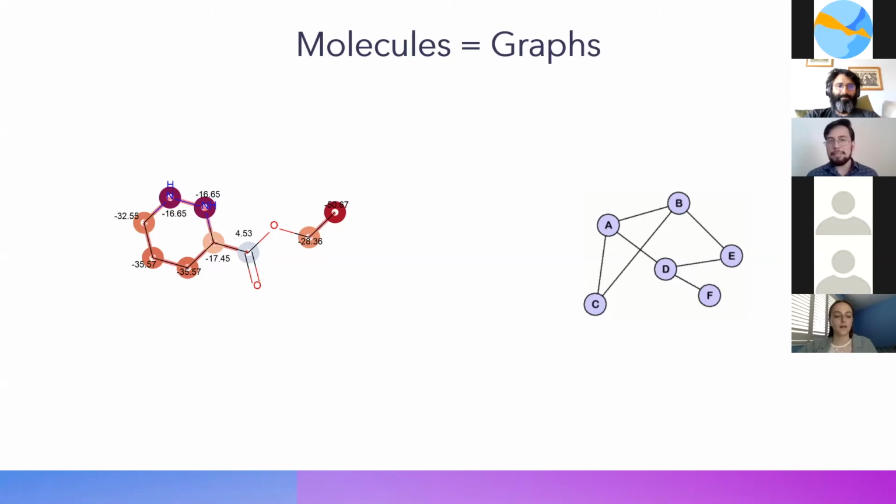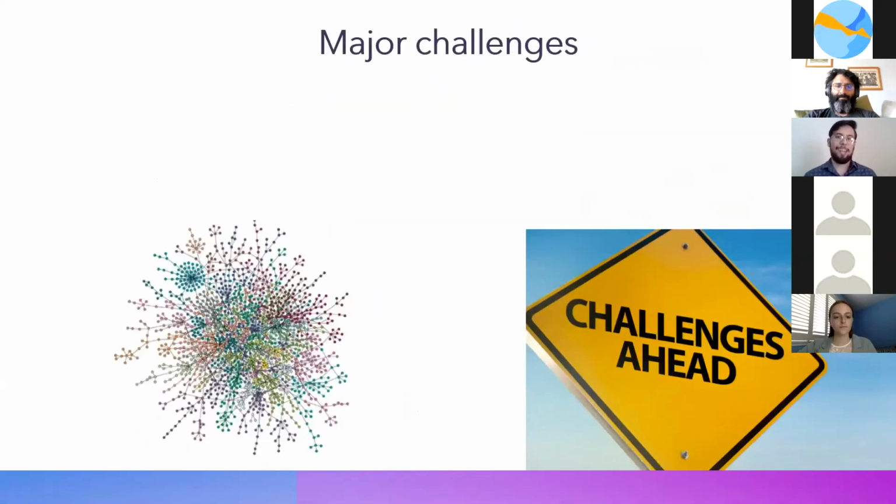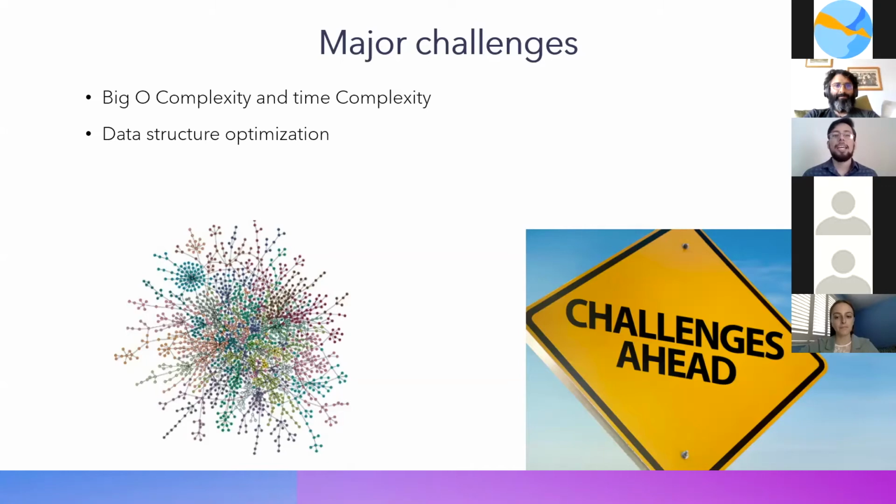So that means that we can use molecules as graphs in order to implement graph algorithms. And when we're talking about graph algorithms, we know that a lot of computer science is about this. We have to face big O complexity and time complexity, data structure optimization, scalability, and accuracy. These are really important points that if you want to discuss at the end, I will be happy to do it.